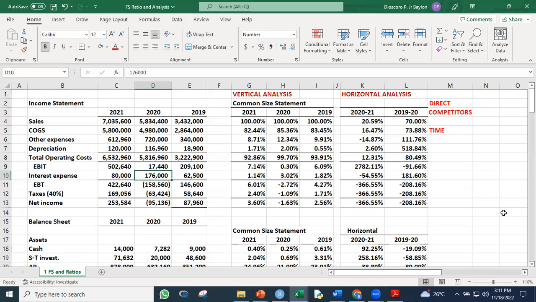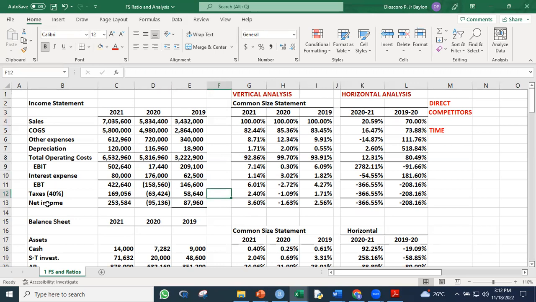The company borrowed a relatively big amount. So interest expense was even greater in 2020 compared to 2021. 176,000 yung interest expense dito. That's why our EBT was only negative 158,560 pa. No? Kasi mas malaki yung interest expense kaysa kay EBIT.